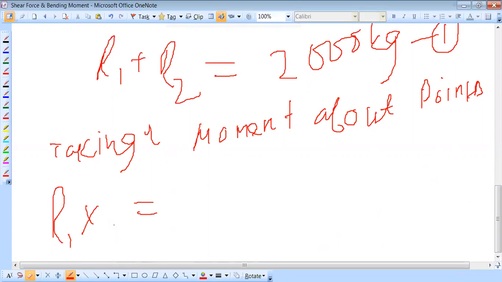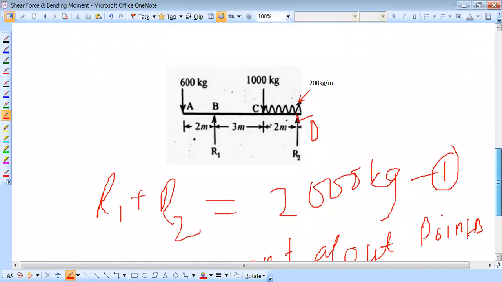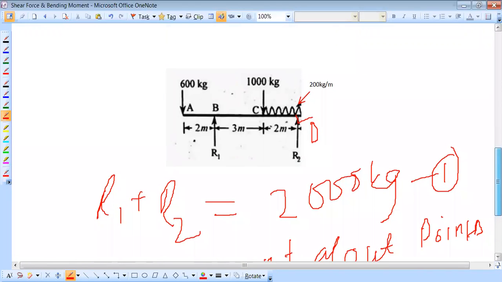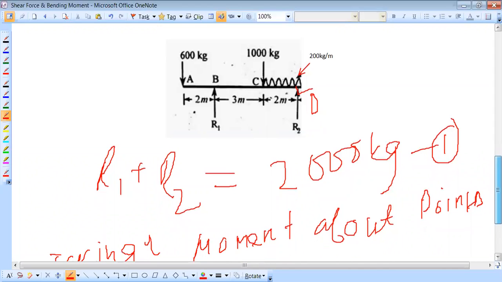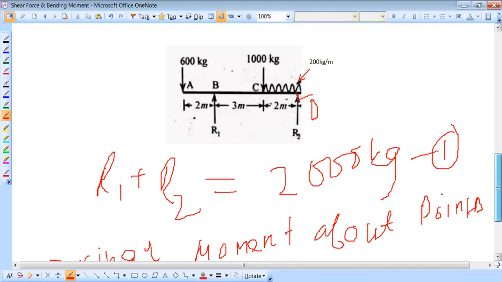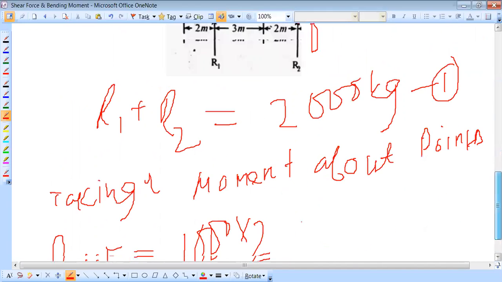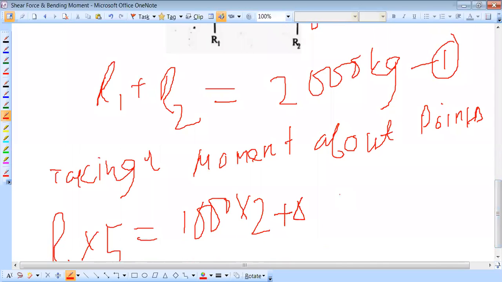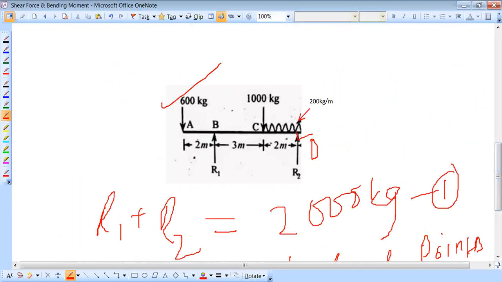So R1 into 5 equals 1000 into 2, plus the UDL 400 into 1 because it acts at the middle, plus the other load 600 into 7.